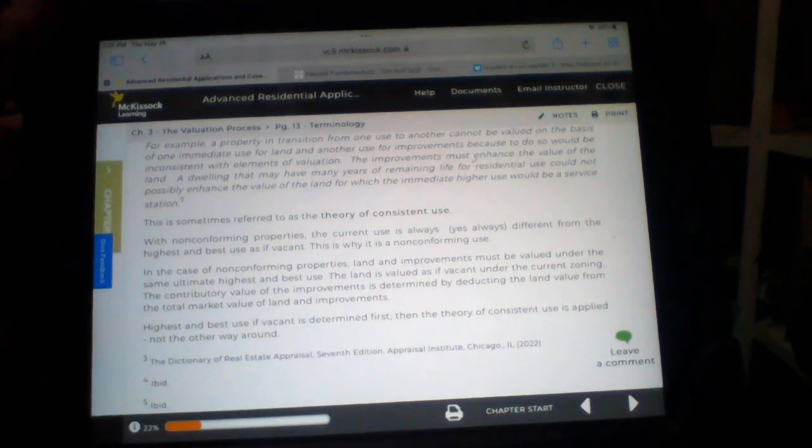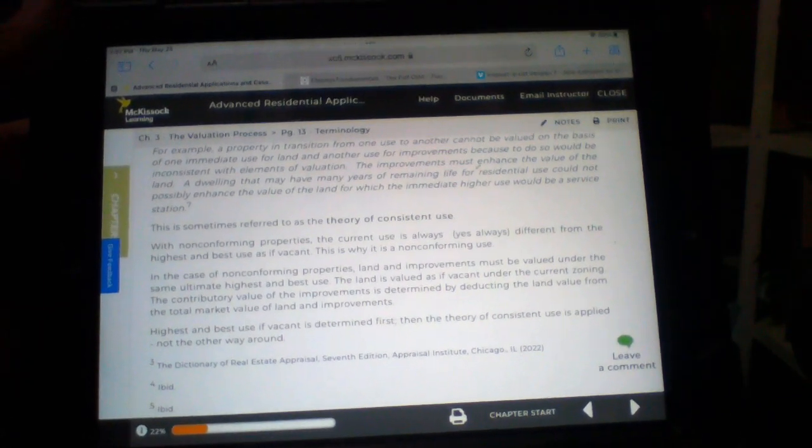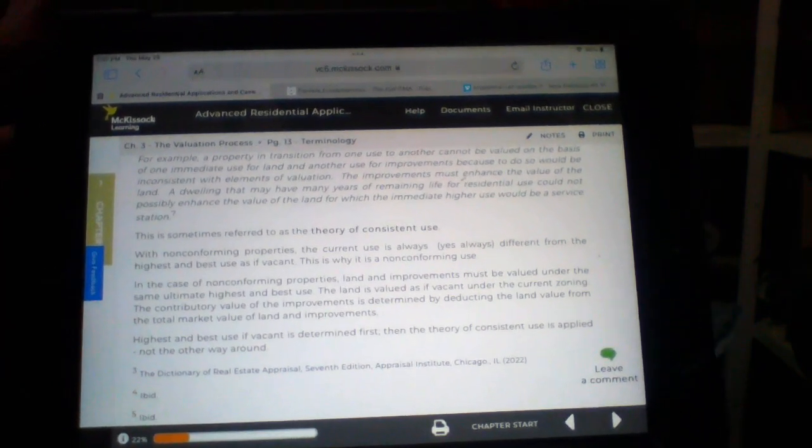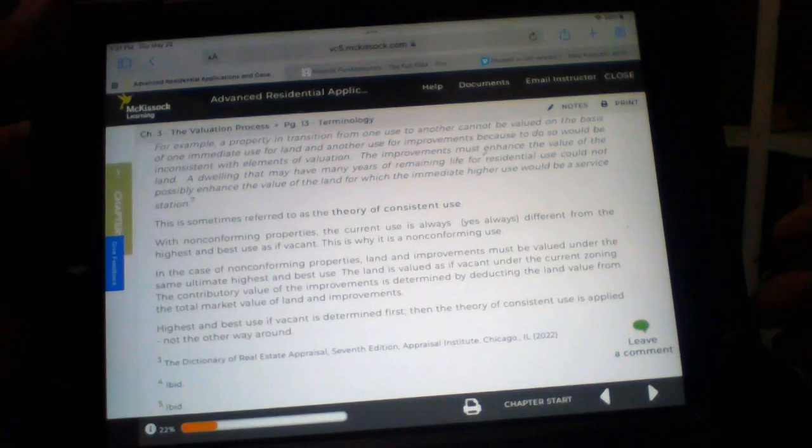This is sometimes referred to as the theory of consistent use. That's highlighted.